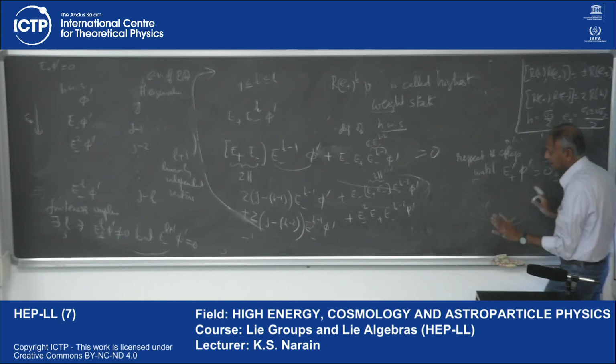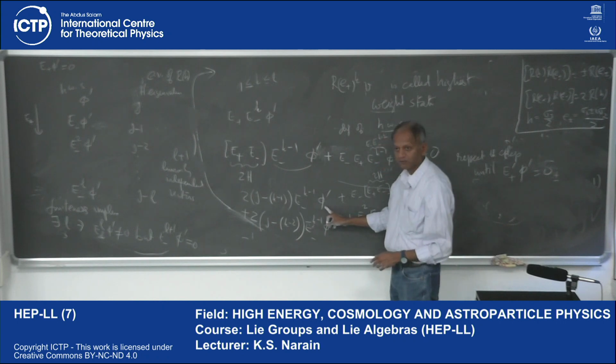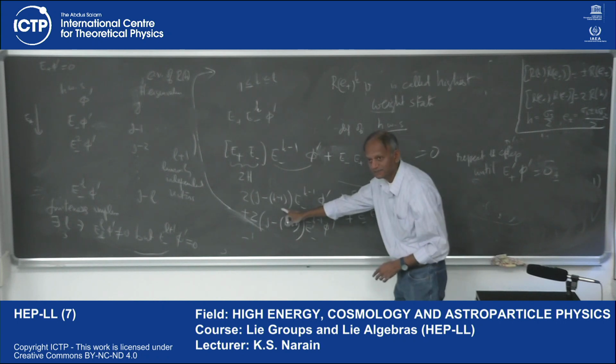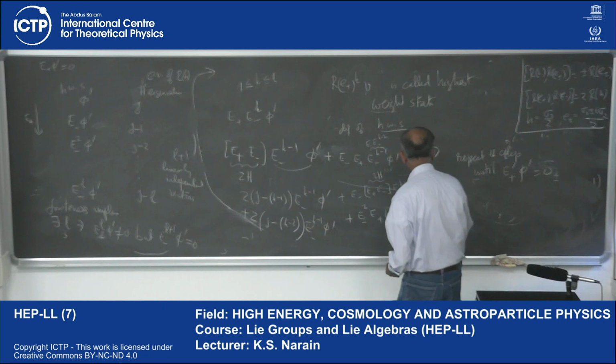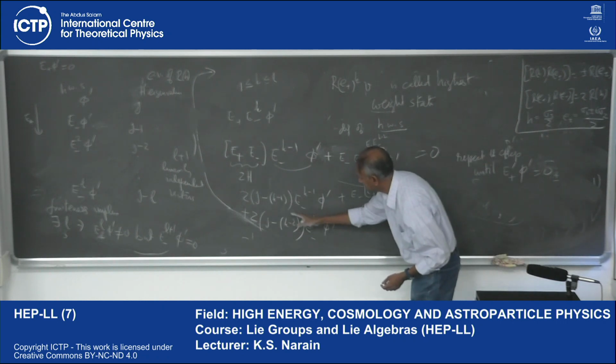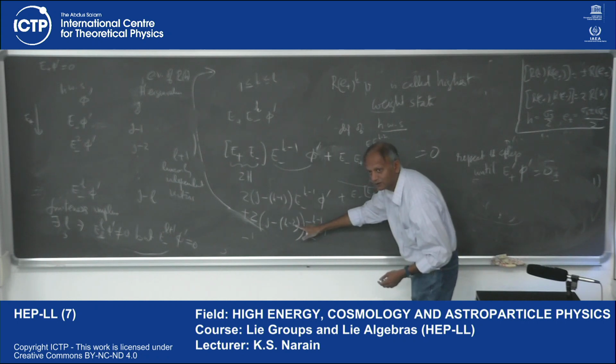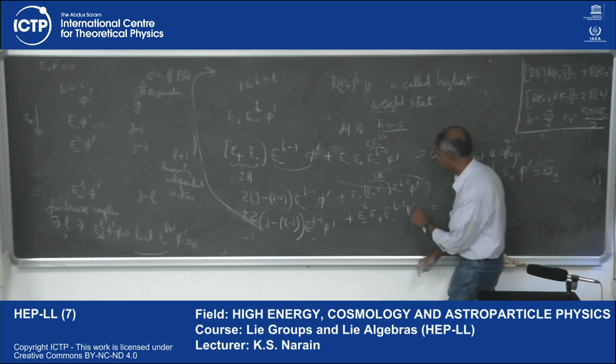So that will be 0. And then every state will be proportional to E minus to the k minus 1 phi prime with some numbers. So in fact, you can compute what the numbers will be. You see, in every step, this k initially was k minus 1. Next time it is k minus 2. Next time it will be k minus 3.